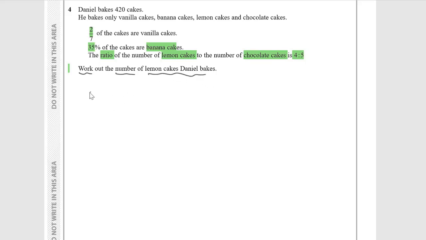So 2 over 7 is vanilla cakes times 420. So we know we have 120 vanilla. Then we can work out 35% of the cakes are banana cakes.